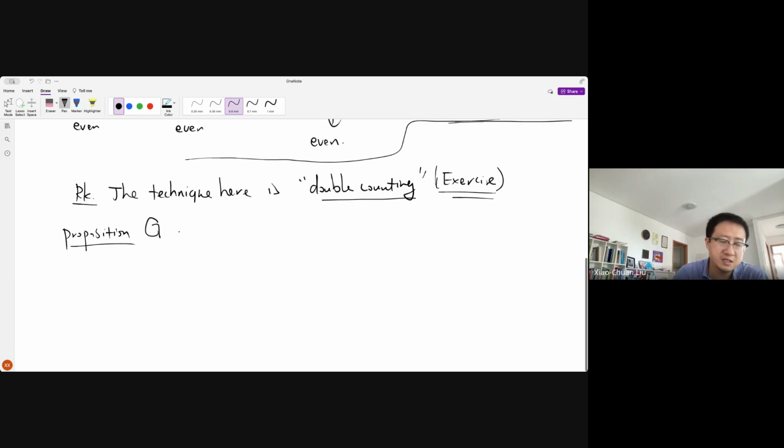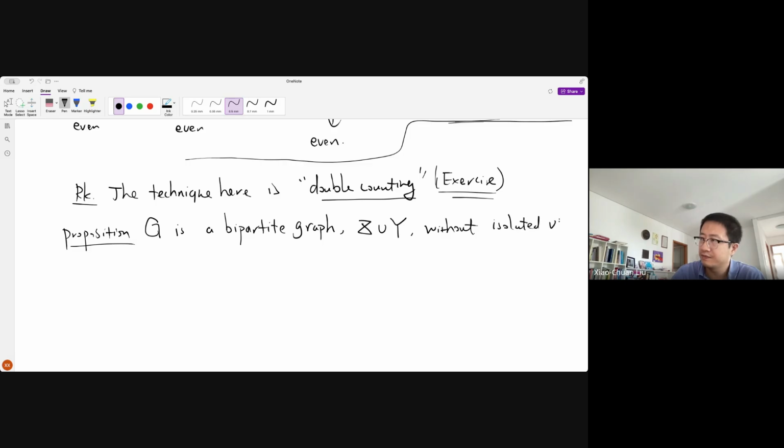So G is a bipartite graph. Let's write down its two parts, X and Y, and we ask G to be without isolated vertices. So what is isolated? It makes the graph a little strange.